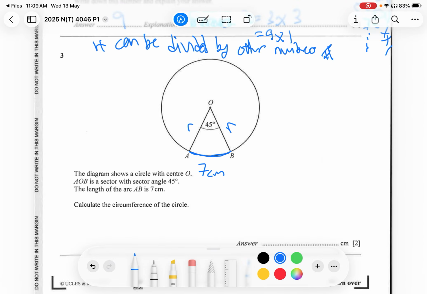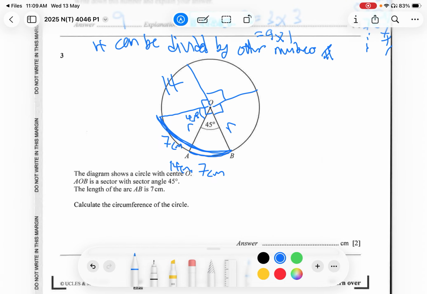So what is the circumference of the circle? Because this is 45 degrees, this will be 7 cm, which happens in 45 degrees. So this is also 90, this also 90, this also 90, right? Then I get a full circle. So in the 90, this is 7 plus 7, 14 cm.